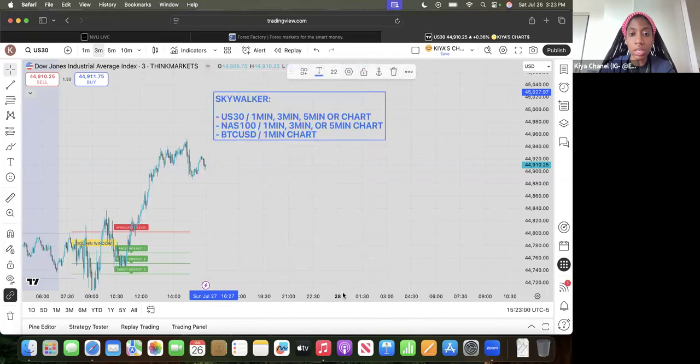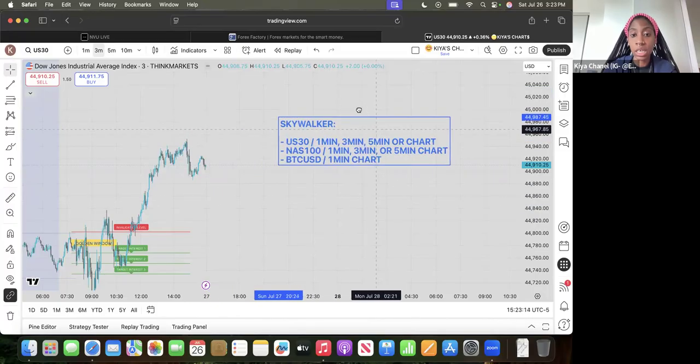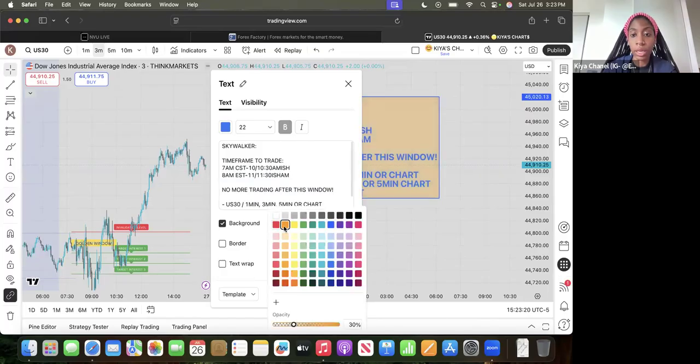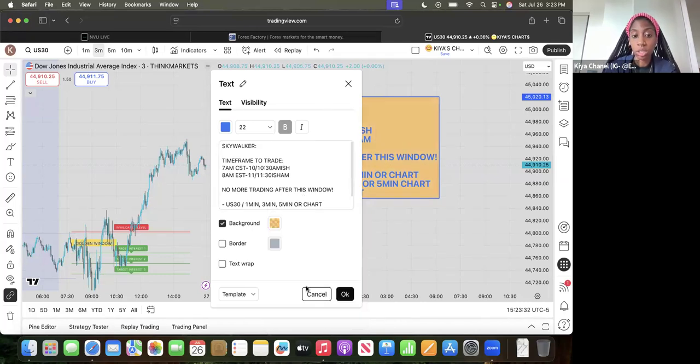And honestly, the scanner is not really going to call out any trade ideas after that time window. At least I haven't seen any. I don't know about y'all, but when I went to look to see if there were any trade ideas after that window, I didn't see any personally.